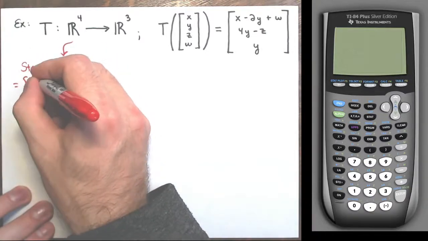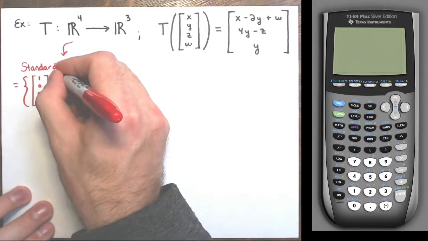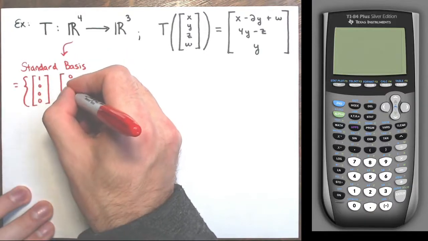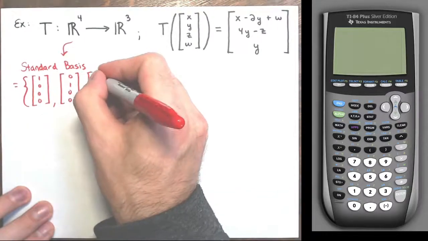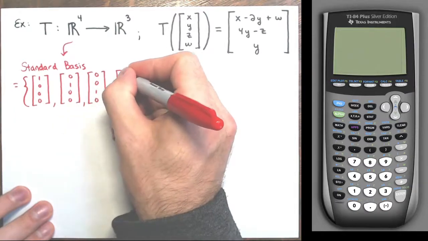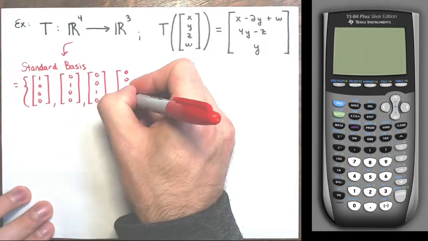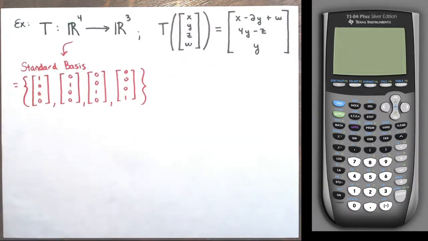So 1, 0, 0, 0; 0, 1, 0, 0; 0, 0, 1, 0; and 0, 0, 0, 1. There's the standard basis for the domain R4.